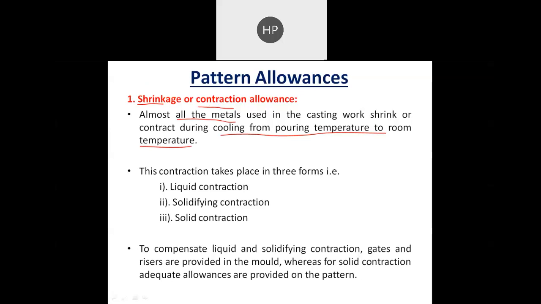Contraction takes place in three phases. What are the three phases of contraction? First is liquid contraction, then solidifying contraction, and solid contraction. Suppose in the initial stage it is in liquid form. During the liquid phase it will contract because its temperature is higher and slightly reduced.